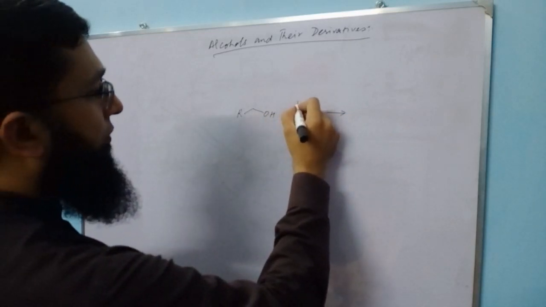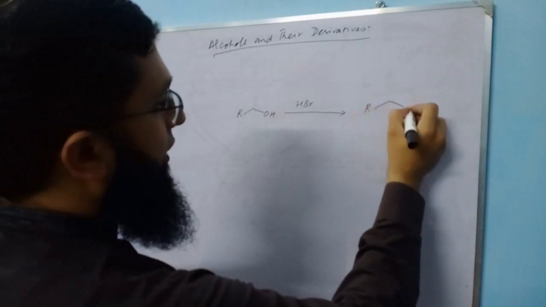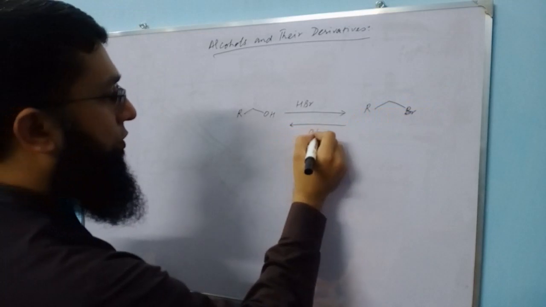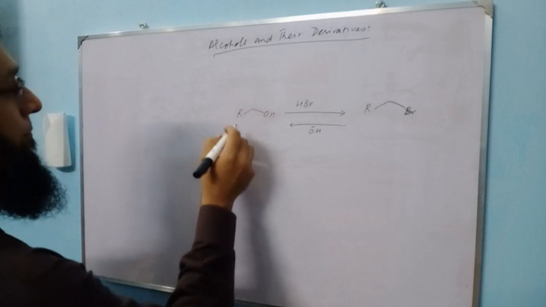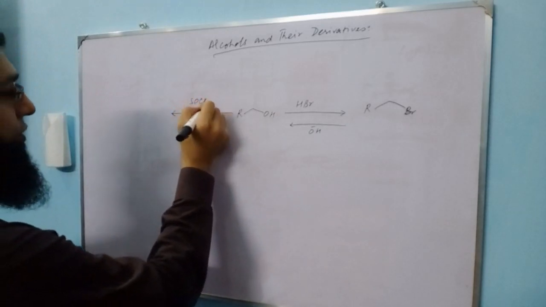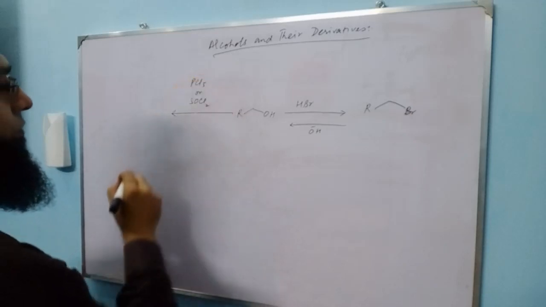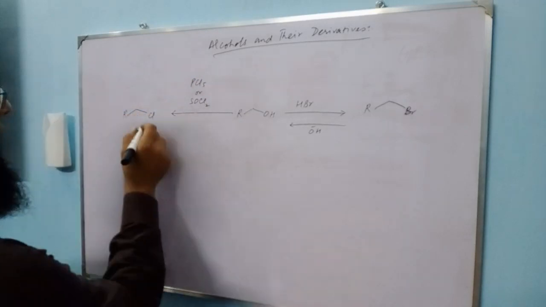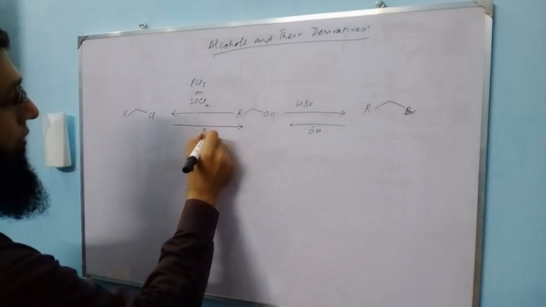For example, if we treat it with HBr, we get the corresponding alkyl halide, and we can convert it back into alcohol using hydroxide, for example, and we can convert into alkyl chloride in the presence of SOCl2 or PCl5. So we can get Cl here, and it can be converted back into the corresponding alcohol using hydroxide.